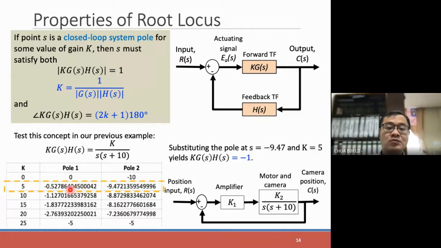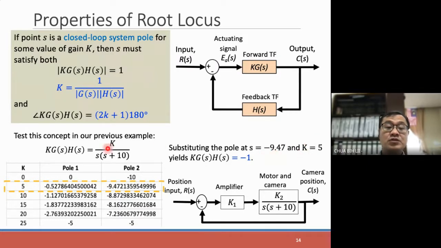What we do here is randomly pick K equals 5. We put the root itself, S equals maybe minus 9.47, and also the K value as 5, for a quick check.